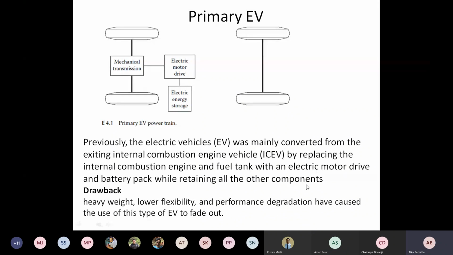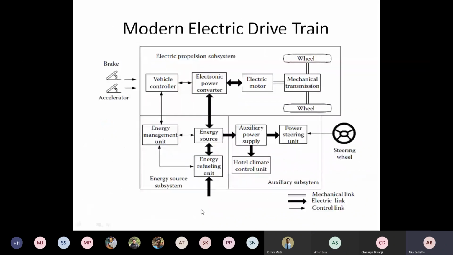To avoid these drawbacks, electric vehicles were modified something like this. This block diagram represents the modern electric drive. The electric vehicles coming to market nowadays have been modified a lot compared to even this diagram.